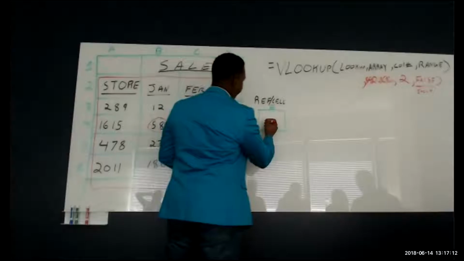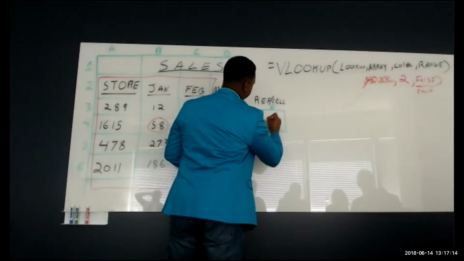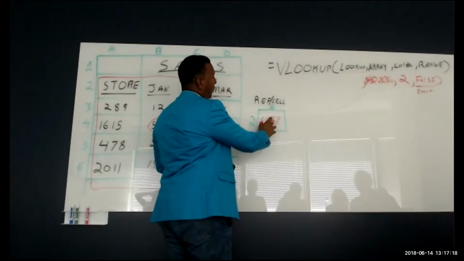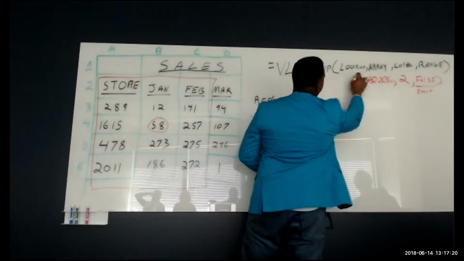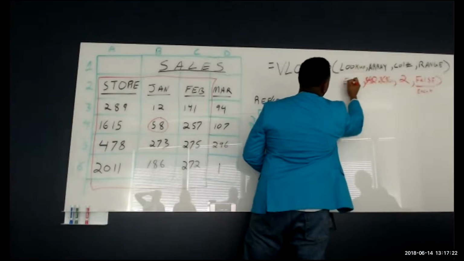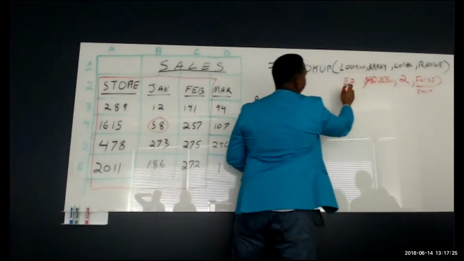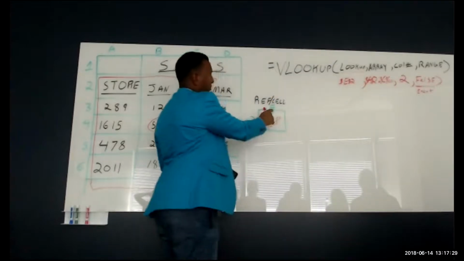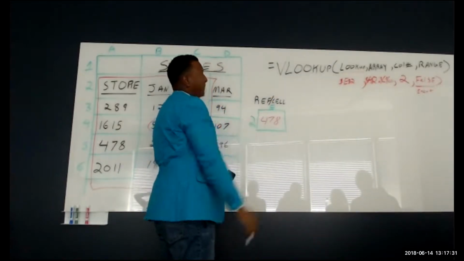Well, you can type 478 in your reference cell. When you type your formula, your lookup is going to be cell E2, whatever that reference is. For this example, we're in cell E2, okay?